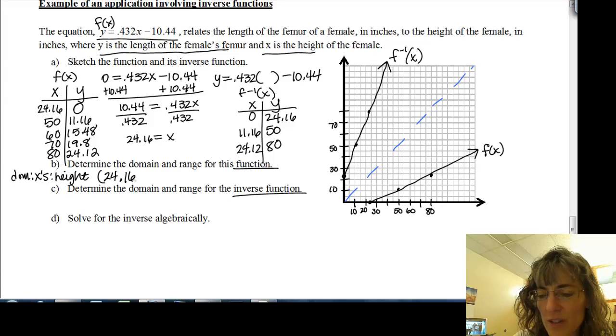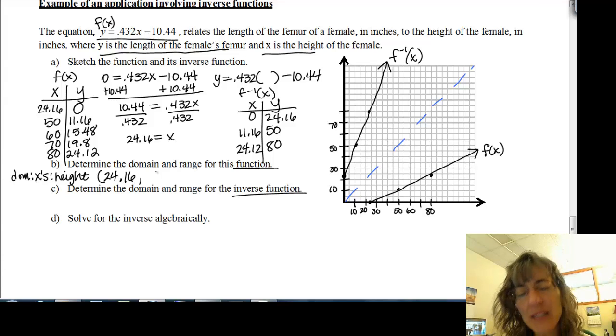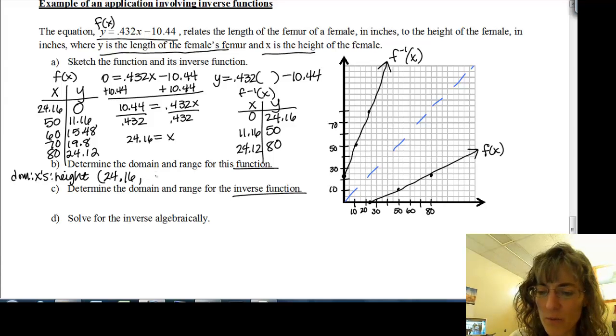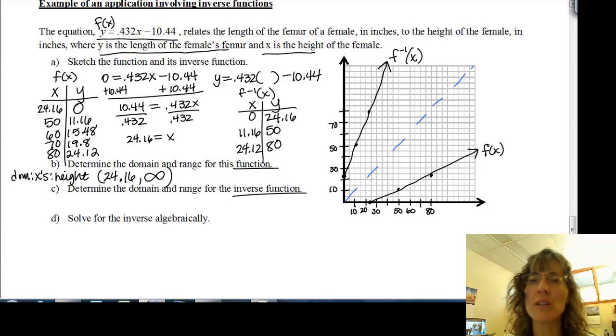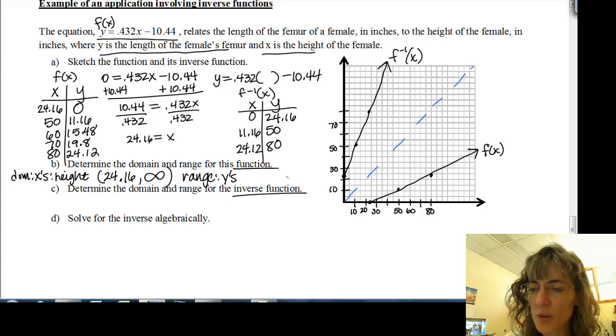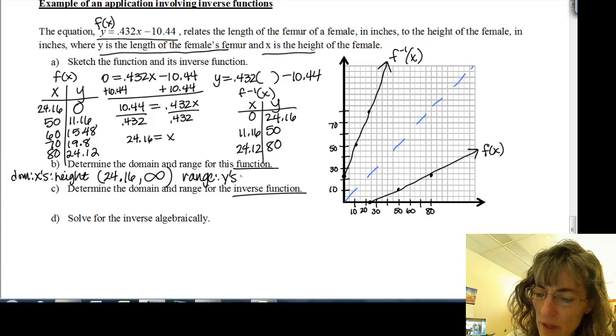So we're going to have to say it's not any good unless it's greater than 24.16. And then the highest height that you could have for a woman, you could calculate some number that you believe to be the highest and put it on there. But you can also say, well, this function is going to define it to infinity, so we could put it as going to infinity.